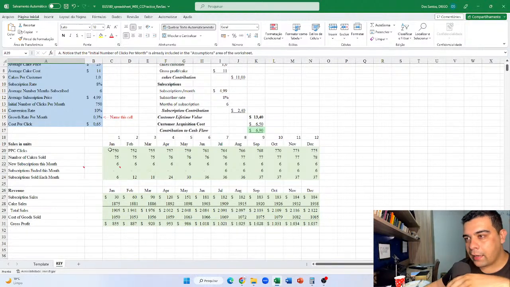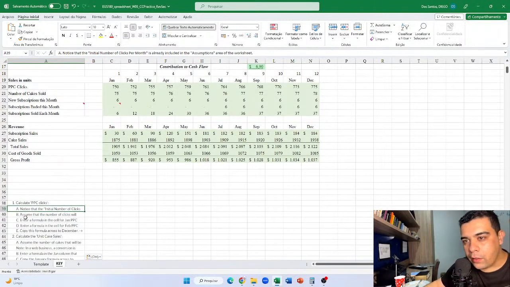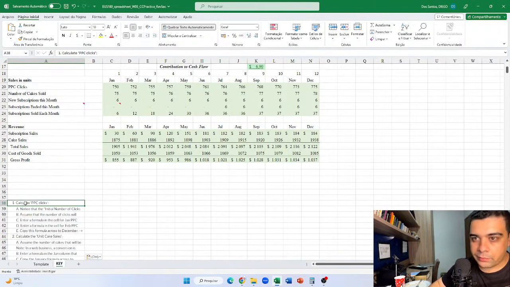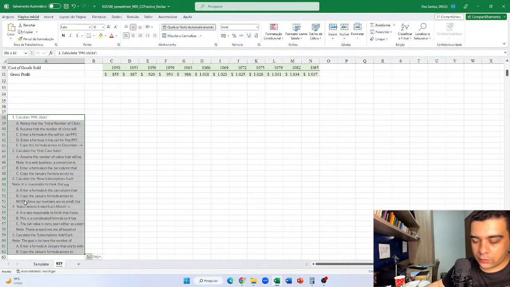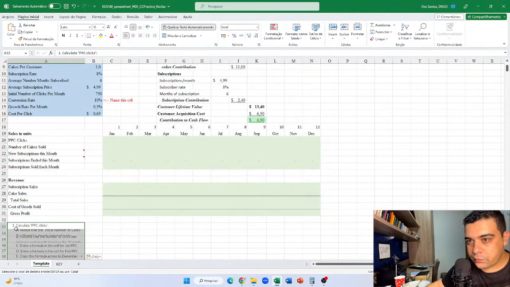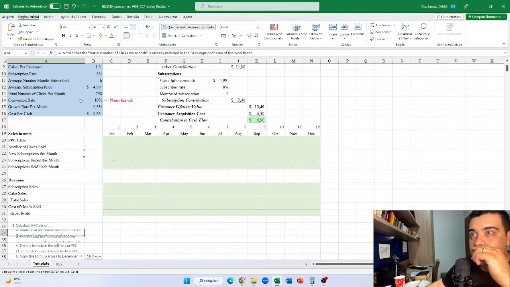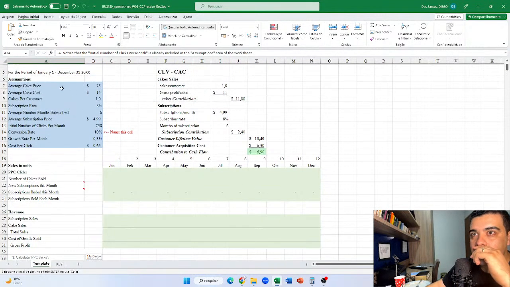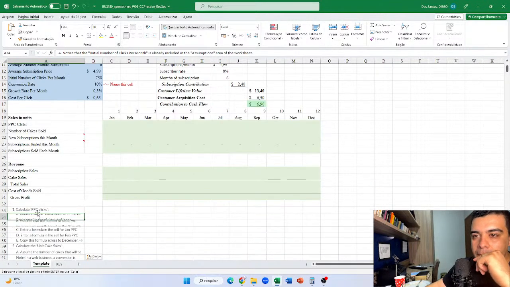Rapaz, eu tô achando que esse aqui é tipo a prova real. Eu não vou fazer isso aqui não, vou fazer aqui, ó. Vou fazer aqui. Então, vamos lá. Notice the national clock assumptions. 750, ok? Beleza.